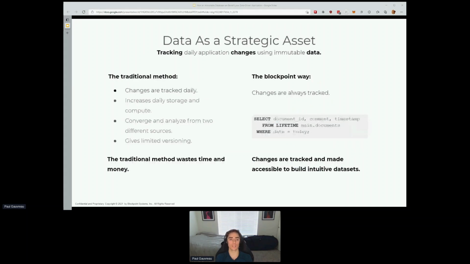In traditional databases, if you want to track changes in the system, you've got two options. You can build system version tables, or you can take snapshots, right? And both add a lot of overhead to the system and have limitations as far as how granular they can be.